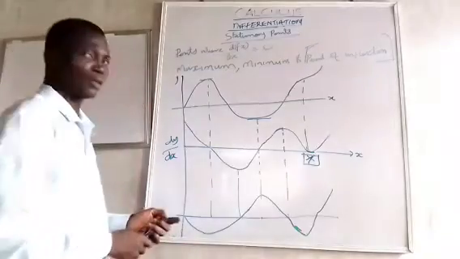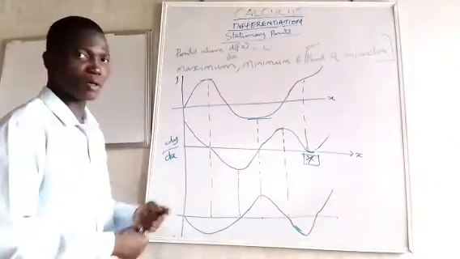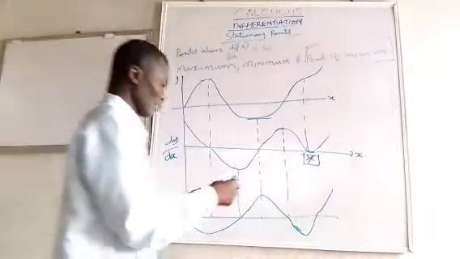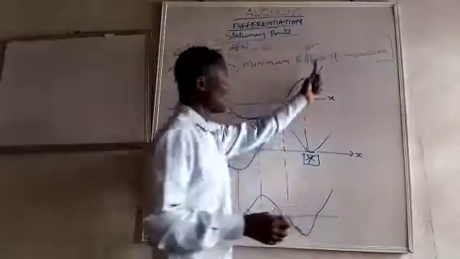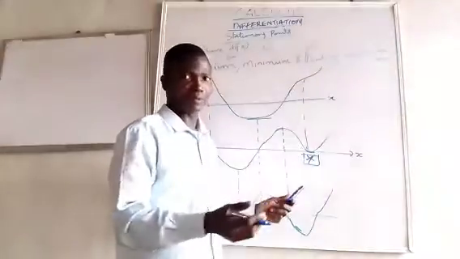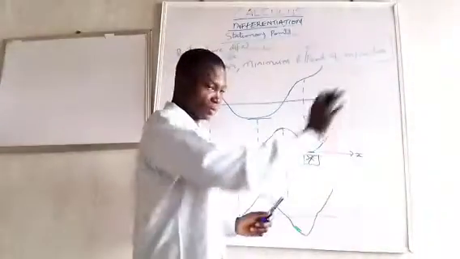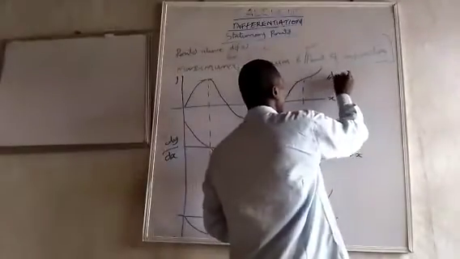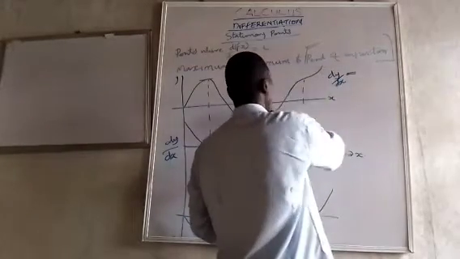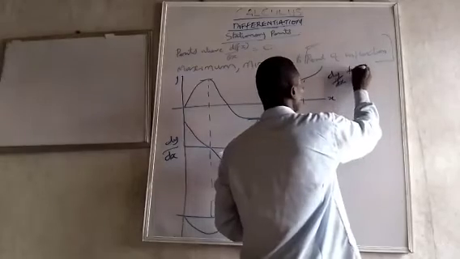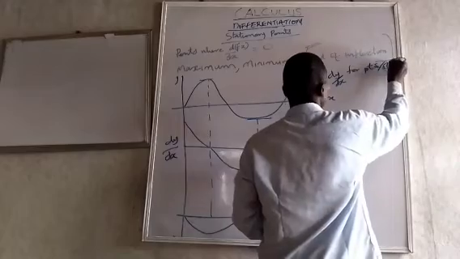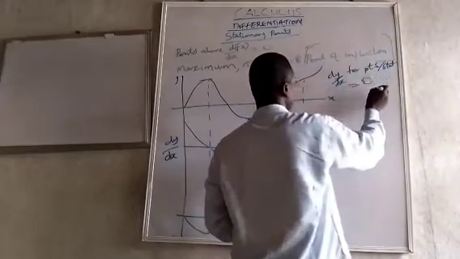So with this, we can say some things about minimum, maximum, and point of inflection. Considering this graph, I told you the point of inflection is a special point. It might have dy/dx to be 0, but not in all situations. We treat that one separately. So dy/dx, for all stationary points, is equal to 0.